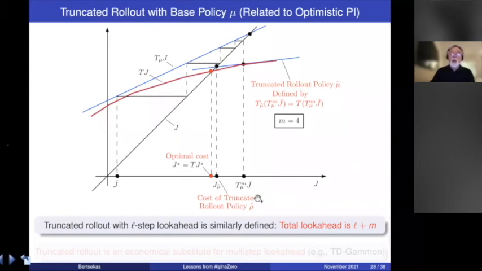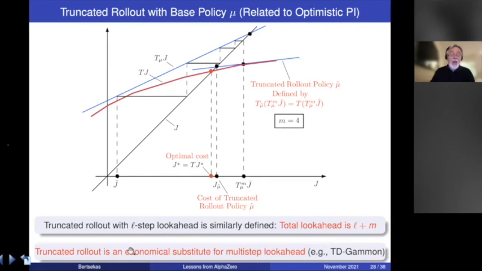Now you can have a combination of L-step lookahead minimization and M-step truncated rollout, and the total lookahead is L plus M. And an interesting fact is that it is the sum that's important, not so much the individual values of L and M. Now, rollout with a policy is much cheaper than lookahead minimization.